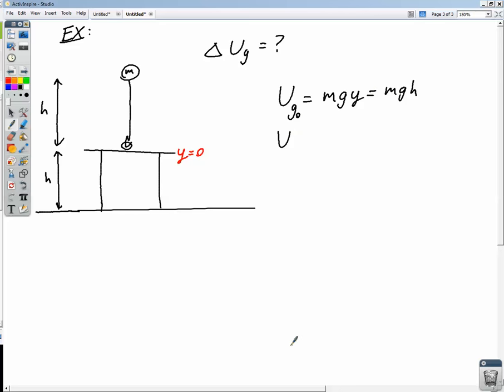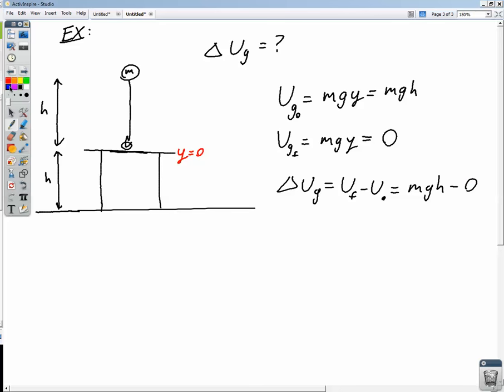The final gravitational potential, U_G final, is again mgy, where y is the height above the reference level. But in this case, the ball is at the reference level, so y is 0. So we get 0 for mgy when the ball is on the table. Then the change in our gravitational potential is going to be U final minus U initial, and we get mgh minus 0, which is just mgh.